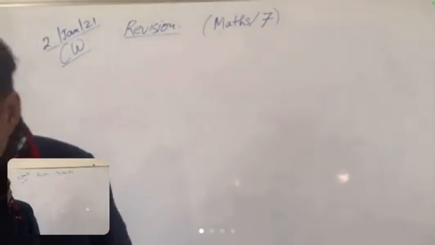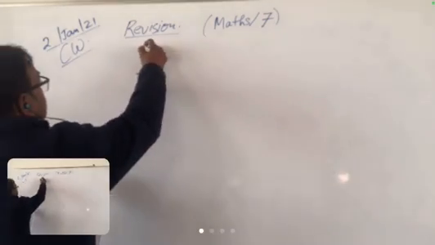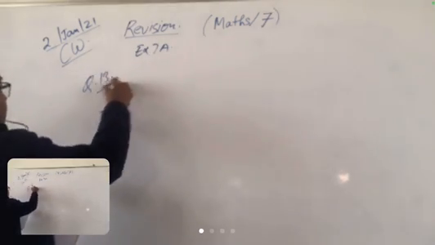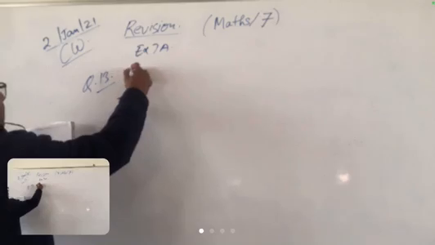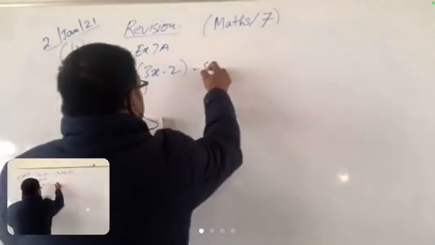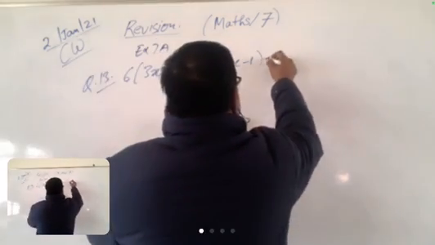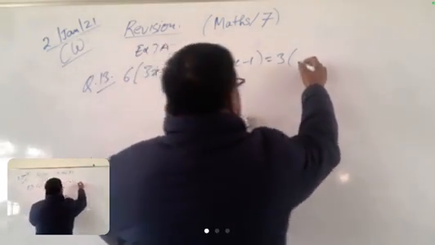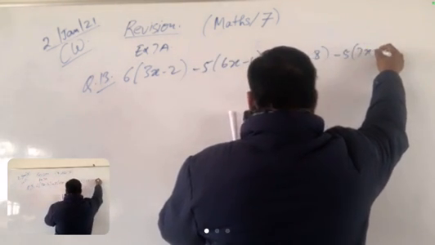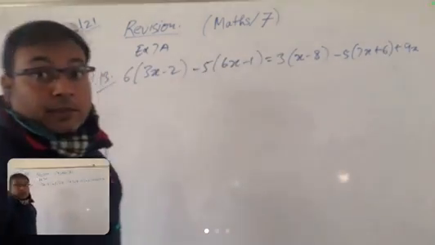The question is 6 bracket 3x minus 2, minus 5 bracket 6x minus 1, which is equal to 3 bracket x minus 8, minus 5, 7x plus 6, plus 9x. Yes, this is the question now.